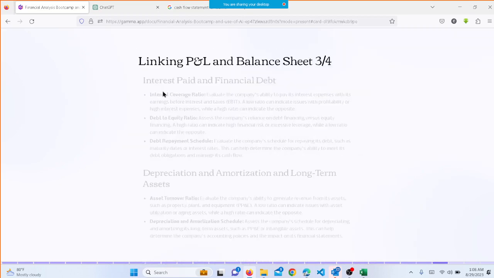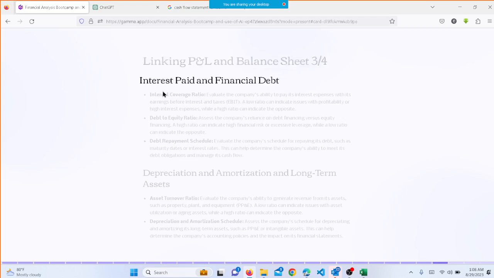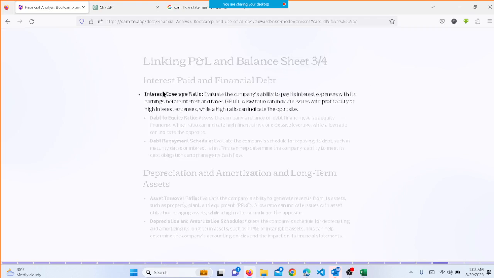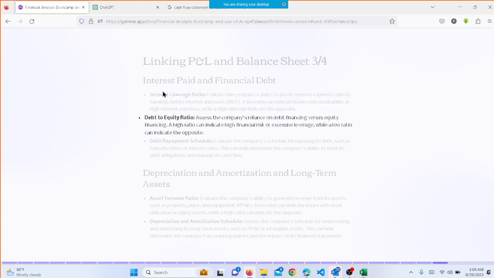In a similar way, you can look at other things like interest paid and the interest and financial debt ratios. If the interest coverage ratio is a problem, then the company may not get good debt. And if the debt equity ratio is too high, that may also indicate a problem with high financial risk.